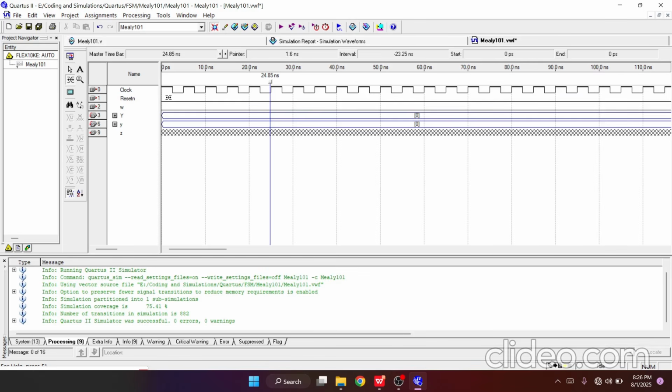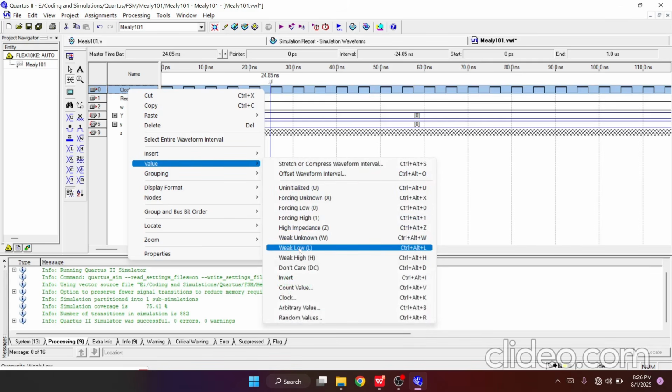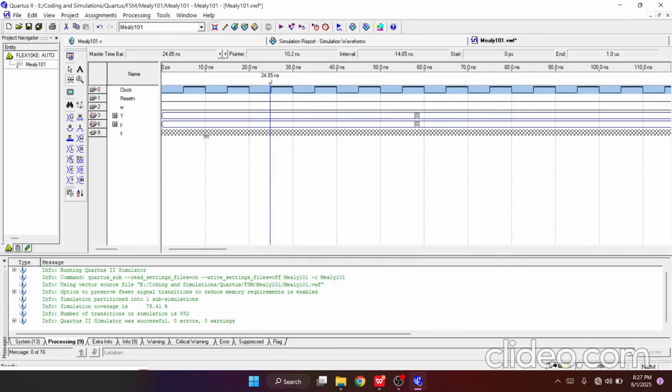In the previous case, 2 whole clock cycles are being counted for each W value. Okay, let us change this to 10, previous case.